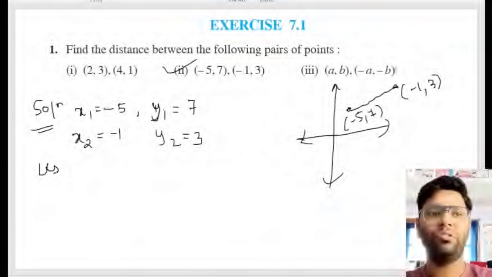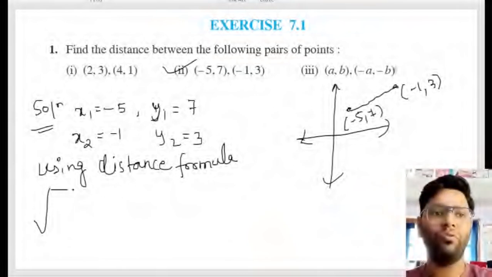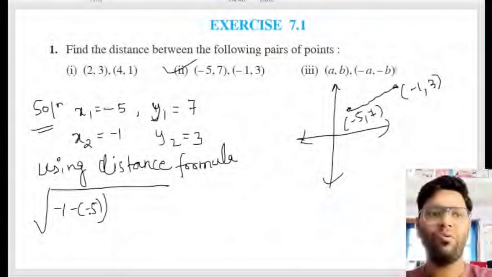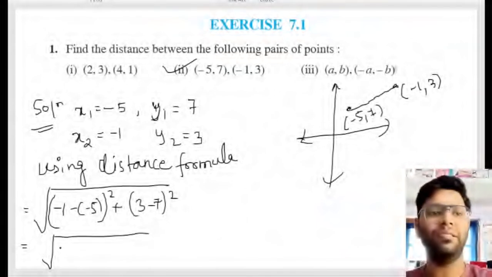We are using the distance formula. So we get root over (x2 minus x1), that is (minus 1 minus minus 5) whole square, plus (y2 minus y1), (3 minus 7) whole square. Minus minus is plus, so minus 1 plus 5 whole square, plus 3 minus 7, which is minus 4, whole square.